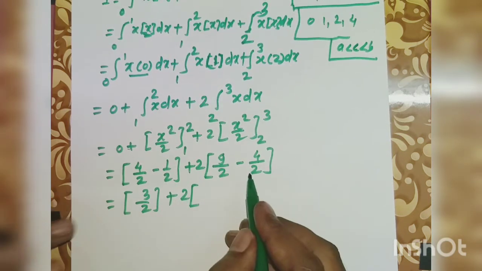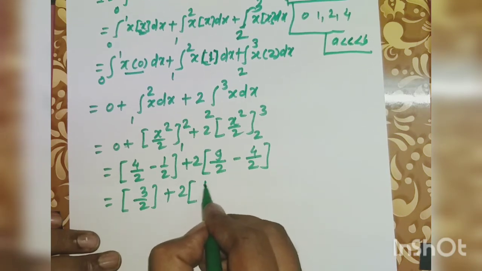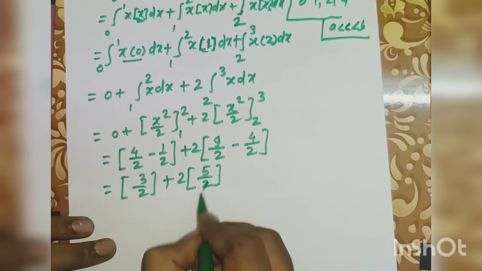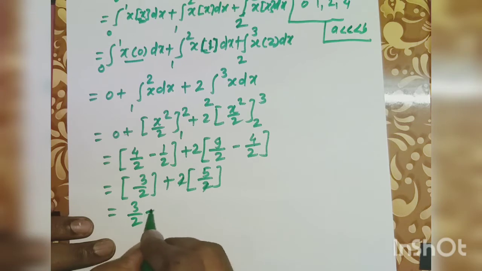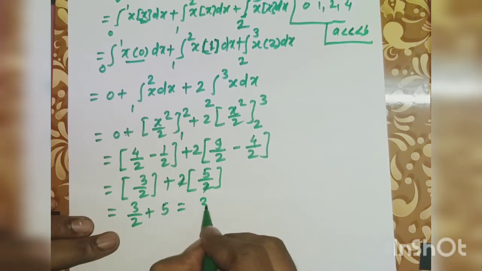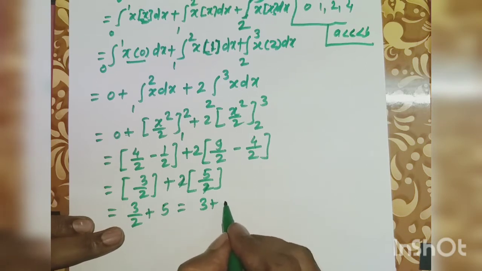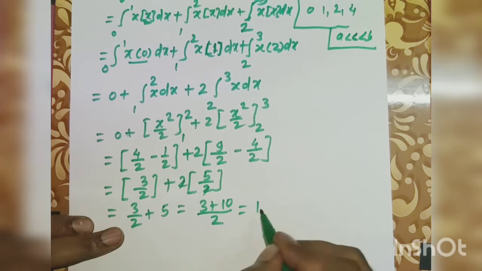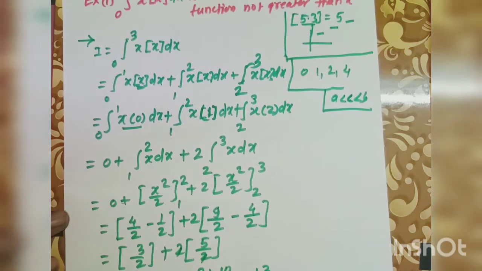Here also the denominator is the same. 9 minus 4 is 5 divided by 2. This 2 and 2 cancel. 3 by 2 plus 5 is equal to 3 plus 5 into 2 is 10, all divided by 2. That is 13 divided by 2 is the answer.